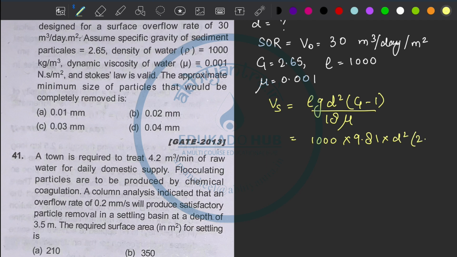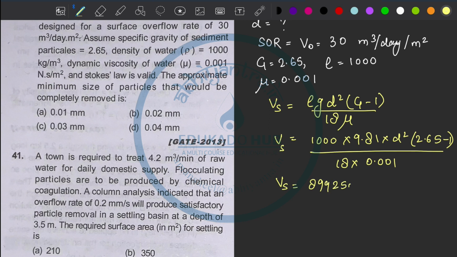G is 2.65 minus 1, divided by 18 into 0.001. So if I calculate the value, Vs comes out to be 899250 d square.